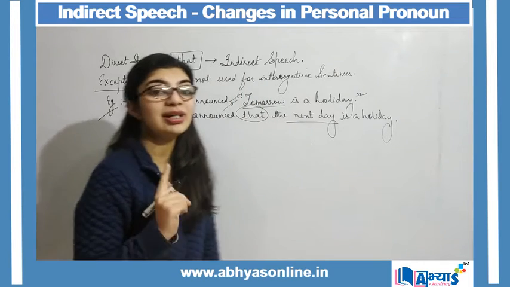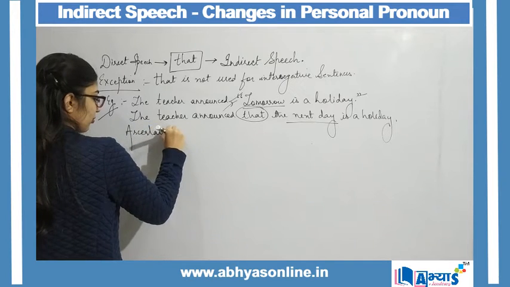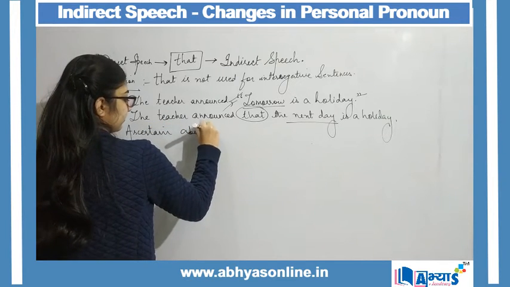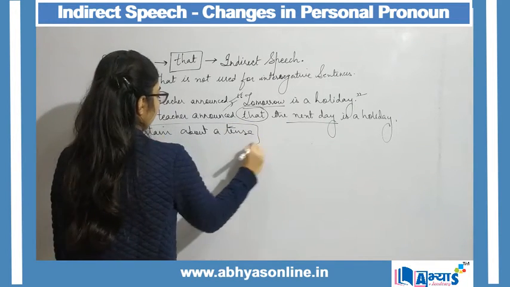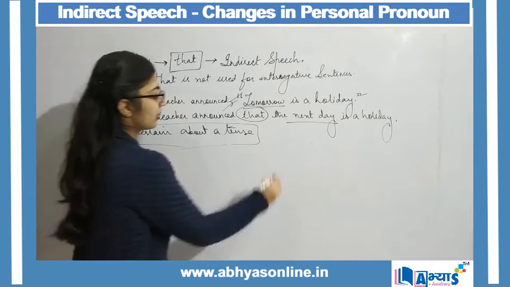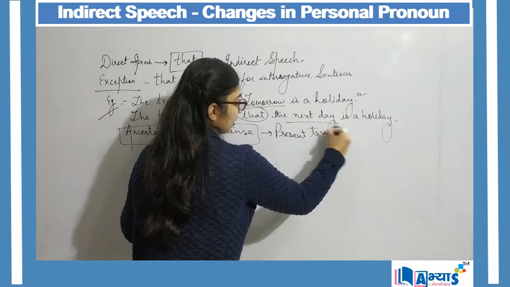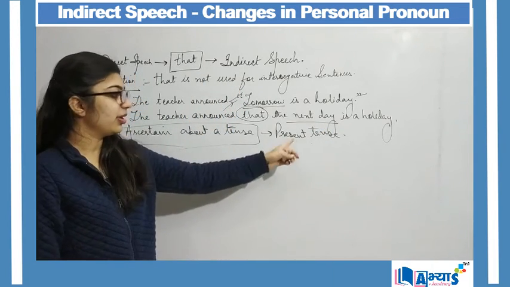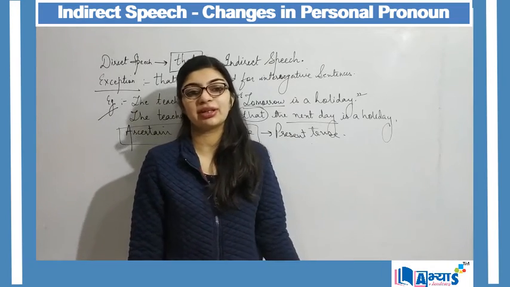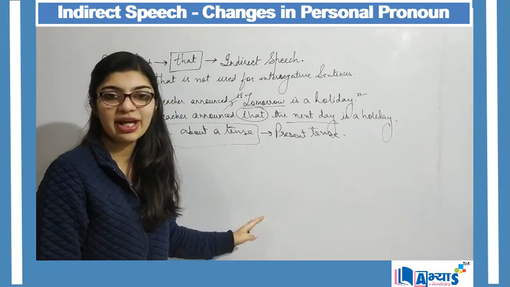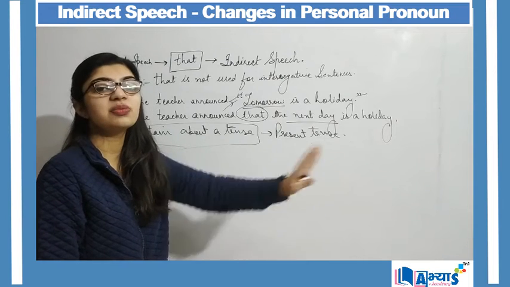But when we are uncertain about the tense, in that case we will be making use of present tense. In that case, we will make use of present tense, and rest the conversion of pronouns and everything will remain the same. The usage of that will be there if it is not an interrogative sentence. Only the thing is that the tense will be the present tense.